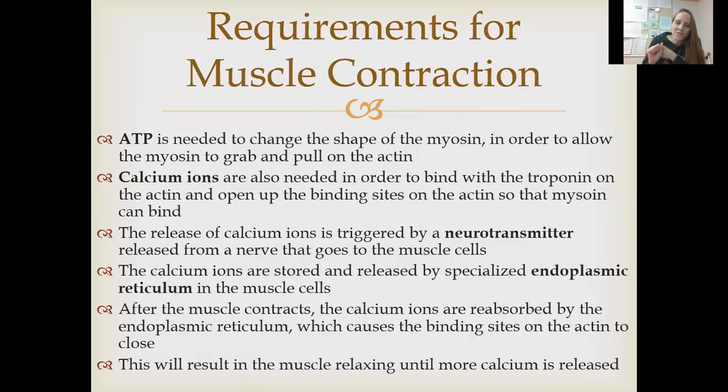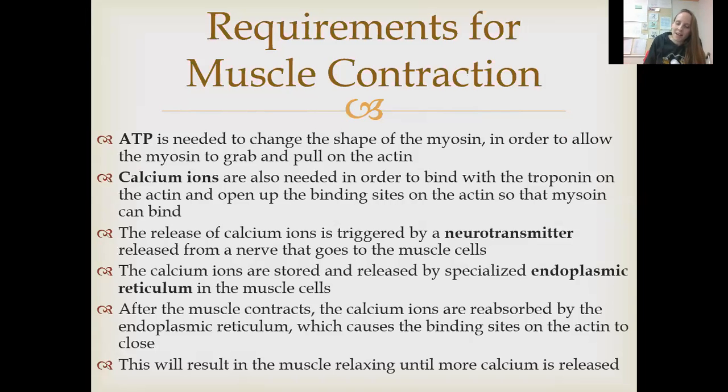So in order for muscles to contract, you of course need that ATP. The myosin is not able to change shape to reach out and grab onto the actin if the ATP energy isn't there. You also need the calcium ions to bond to that troponin on the actin in order to pull the tropomyosin away from the actin and open up that binding site underneath.